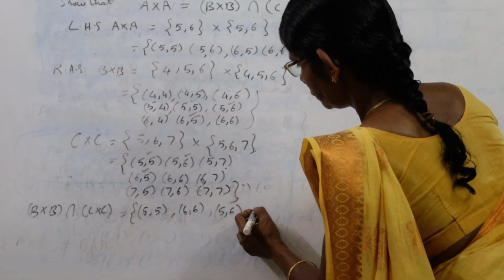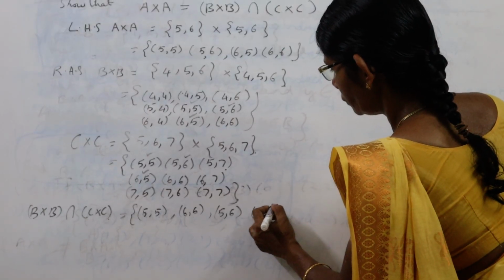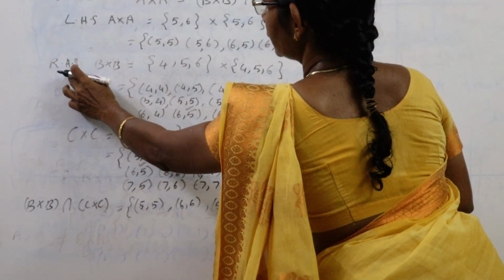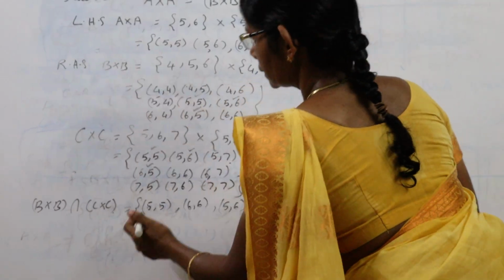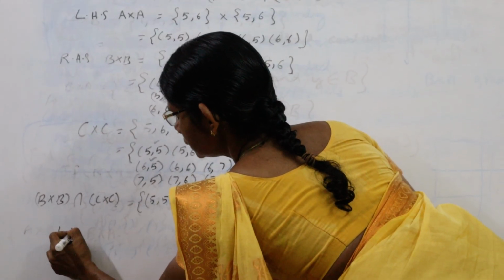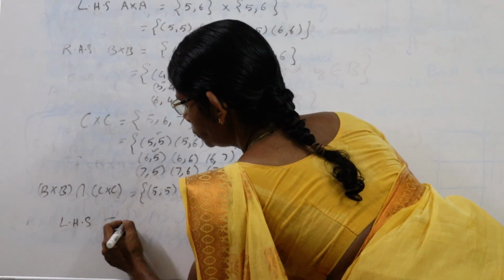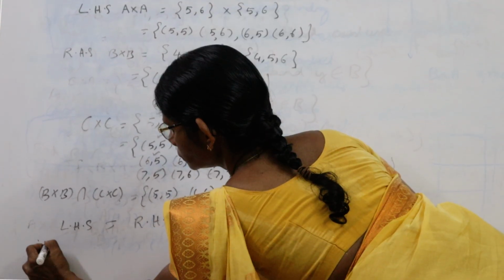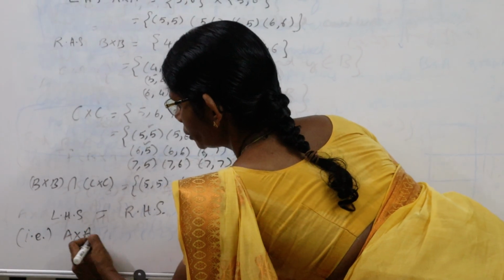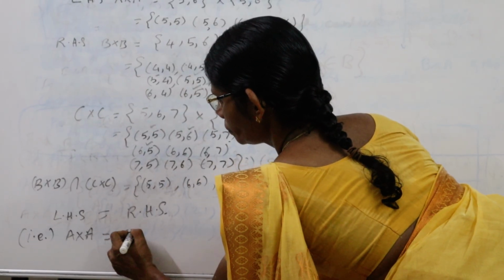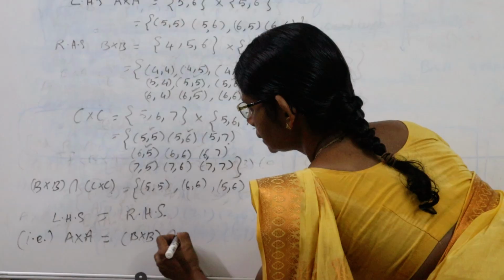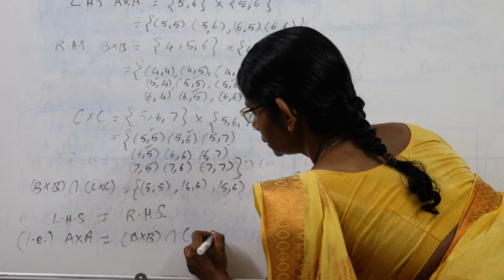See, our right hand side is equal to the left hand side. Therefore, LHS is equal to RHS. That is, the Cartesian product A cross A is equal to the Cartesian product B cross B intersection C cross C.